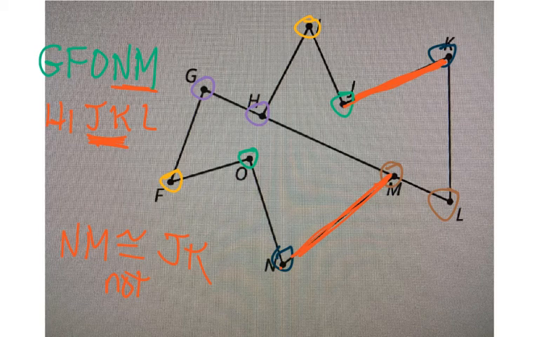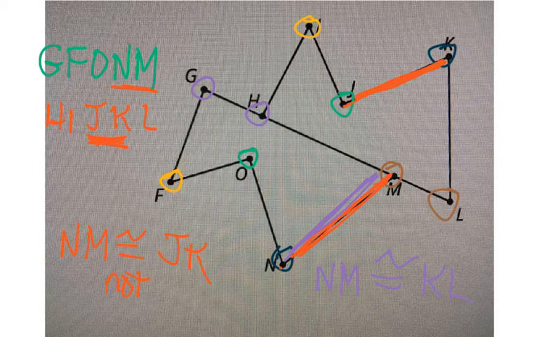So which segment is NM congruent to? We're looking at NM again, right here. I want to see if you can figure that out on your own. Well, I hope you figured out that NM is congruent to KL.